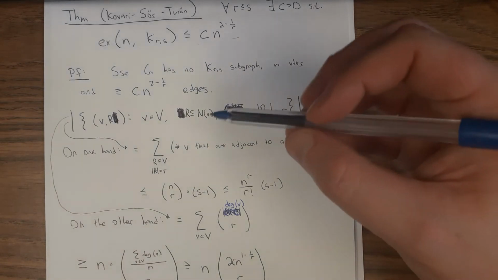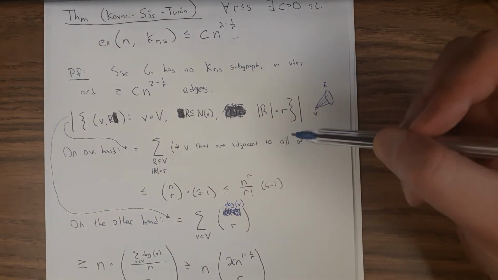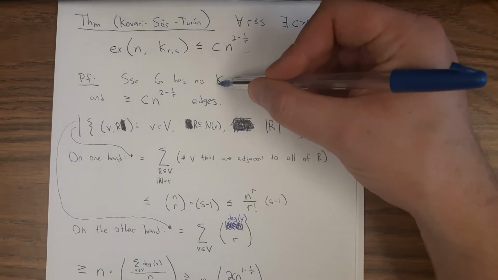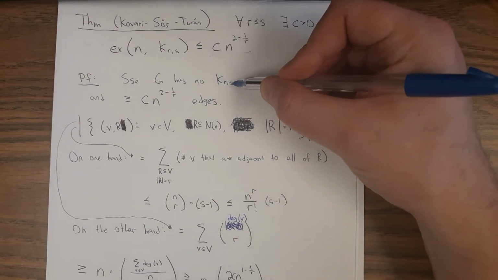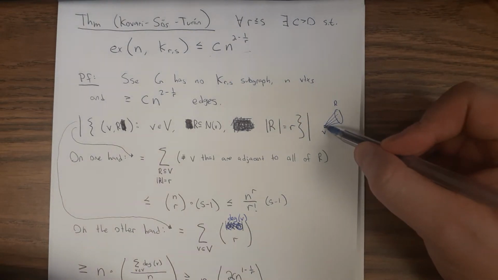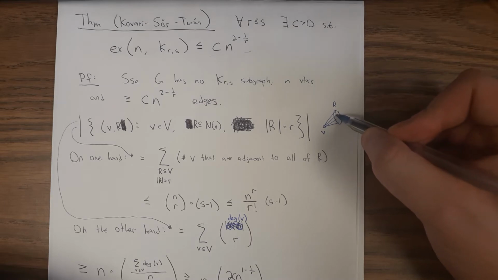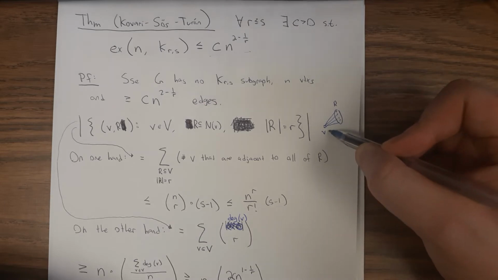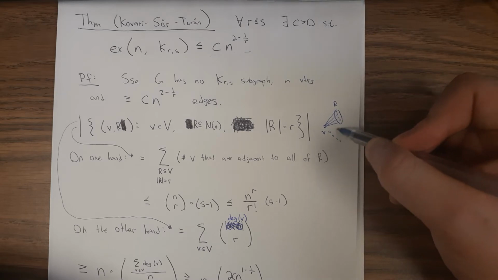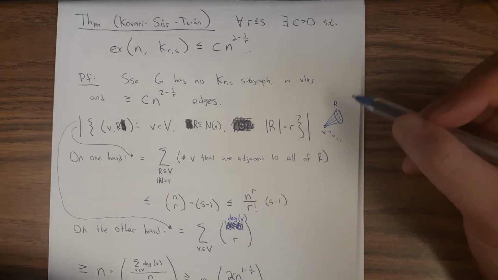Of course, if we're talking about a graph G that doesn't contain a K_{r,s}, you can't really have that many v's for a single R. If I fix this R, I couldn't have s many vertices v that are adjacent to all of them, because that would be a K_{r,s}.